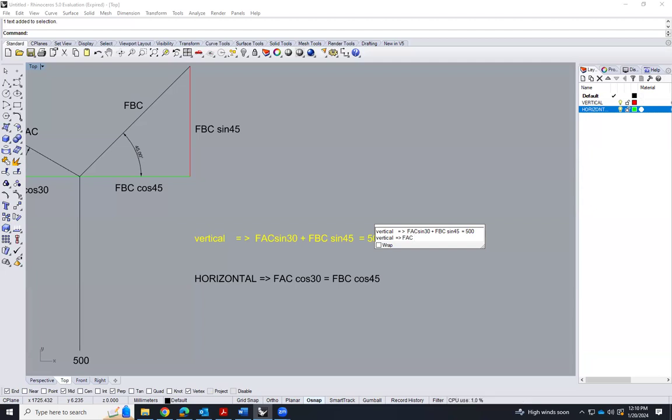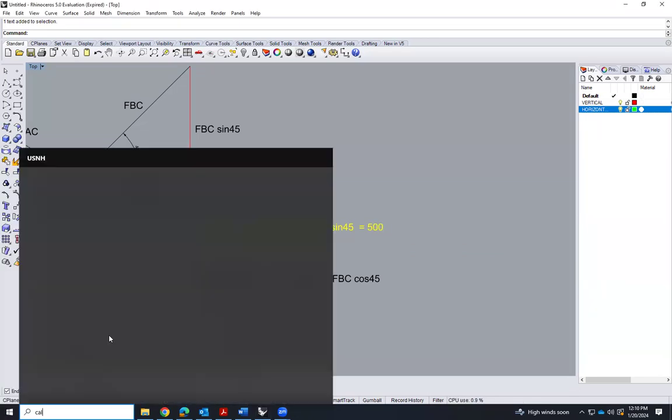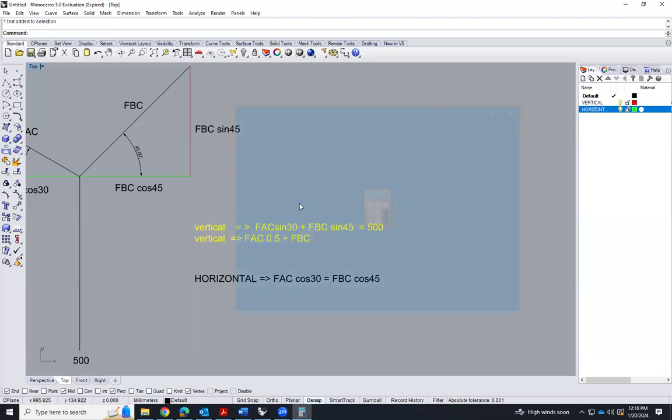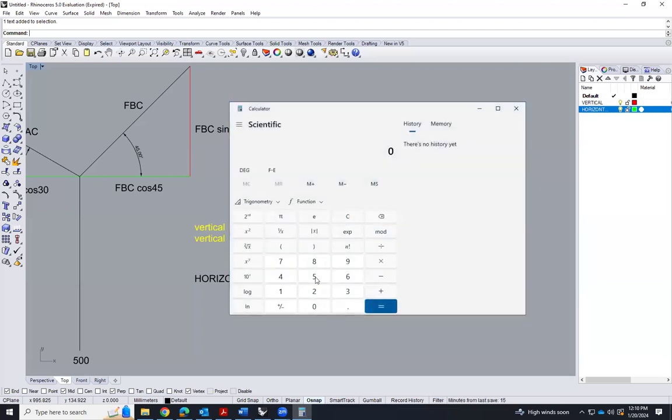Sine 30 is 0.5 plus FBC. What is sine 45? Sine 45 is, if I go to a calculator, okay, how does it work?